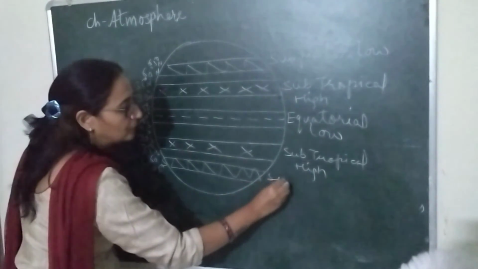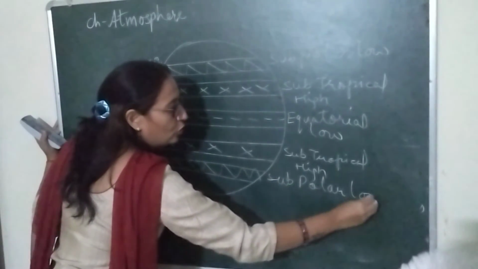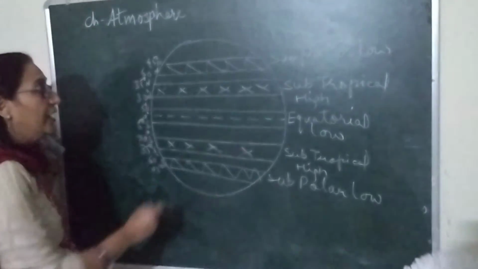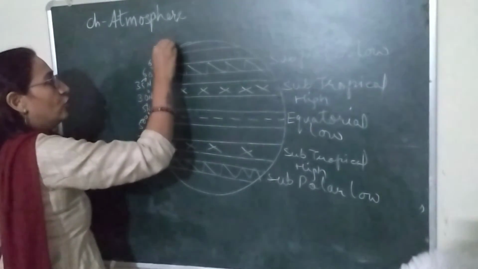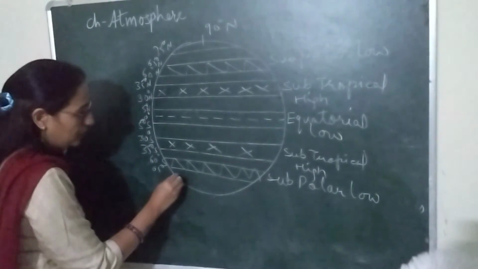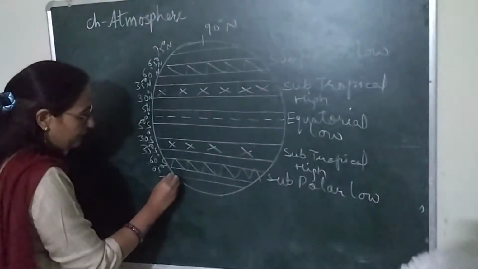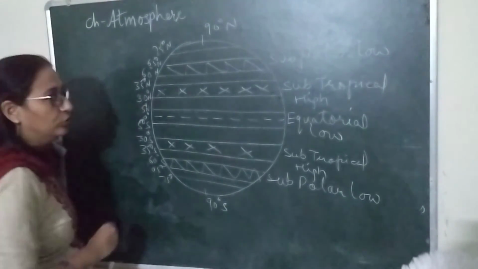This is also subpolar low pressure belt. And the last is, that is 75° north to 90° north. Here also 75° to 90° south.